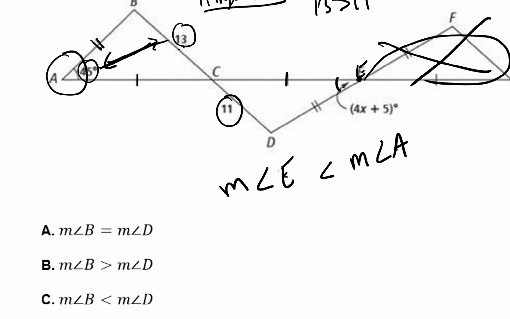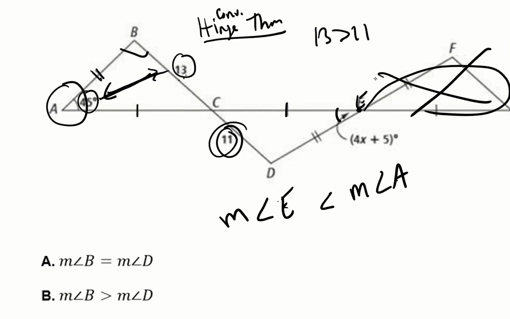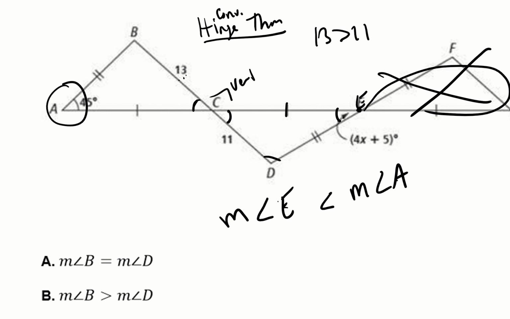Okay, so now we know that angle E is smaller because the opposite side is smaller. But we want to compare B and D, right? All right, so we know that these two angles are congruent, and that's because they're vertical angles. So far we have 45 degrees, we have some kind of angle that's congruent to this, and we have this unknown.